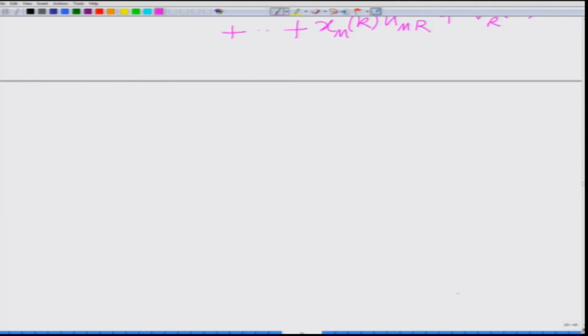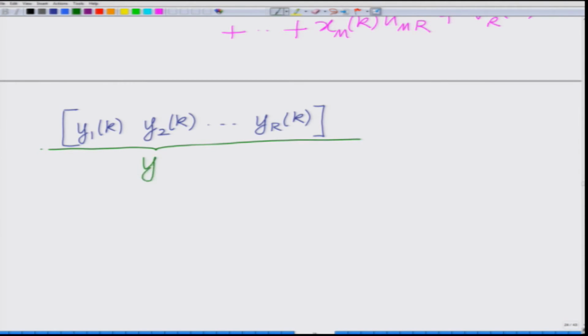So, now I can form the vector model as follows. I can write, and you can verify this, Y1k, Y2k, up to YRk. I am writing this as a row vector, you can check this. This is basically y bar transpose k, where y bar k we have defined previously, that contains the R dimensional vector of received symbols at time instant k.